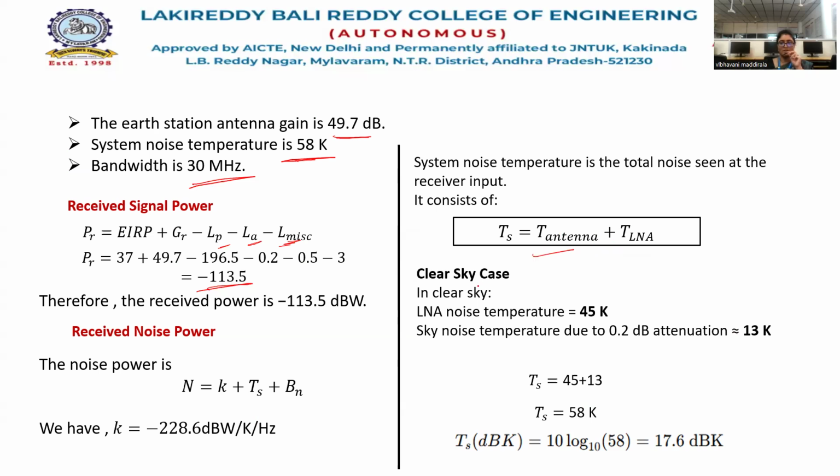Here in the clear sky case, that means without any rain attenuation, the low noise temperature, that is the system noise temperature, is 45 K. The sky noise temperature due to 0.2 dB attenuation is 13 K. Therefore, the system noise temperature is 45 K plus 13, so we get 58 K, and converting this into decibels, we get 17.6 dB.